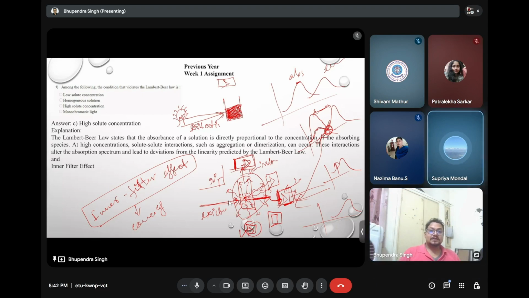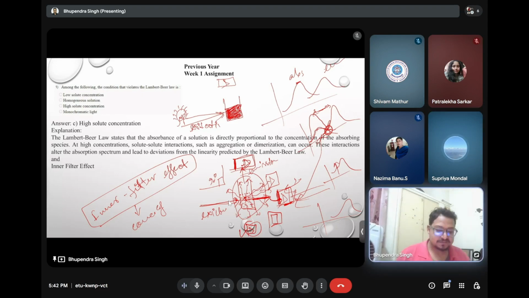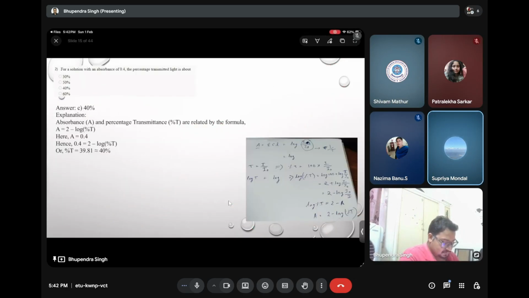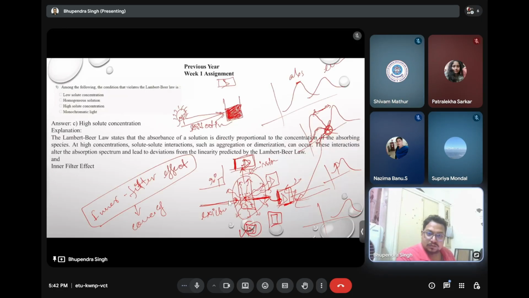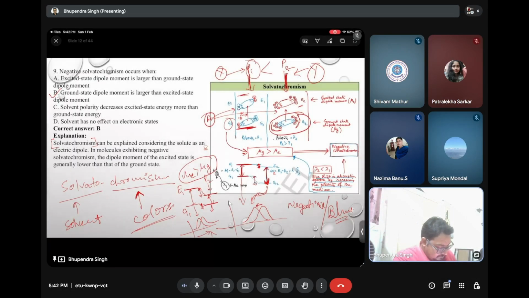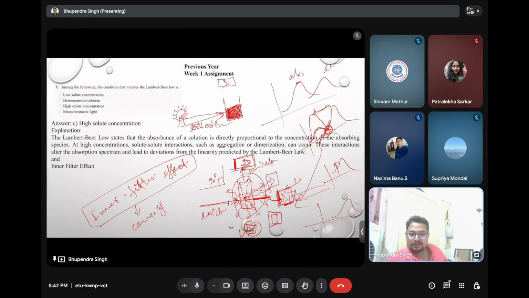Okay. Your first reasoning was correct, that the detector will not detect the emission that prominently.